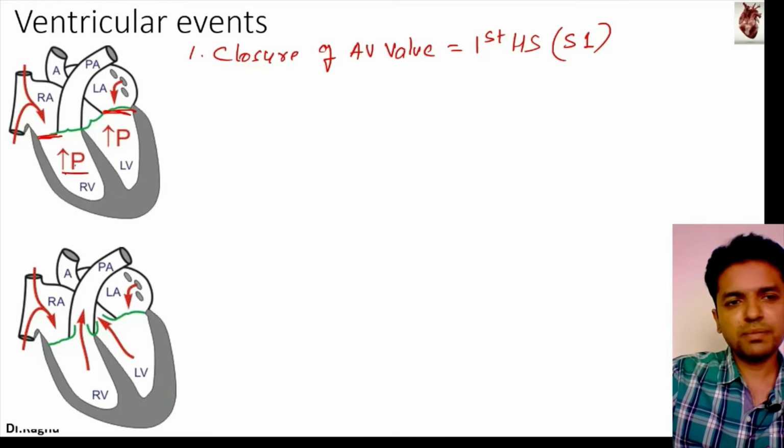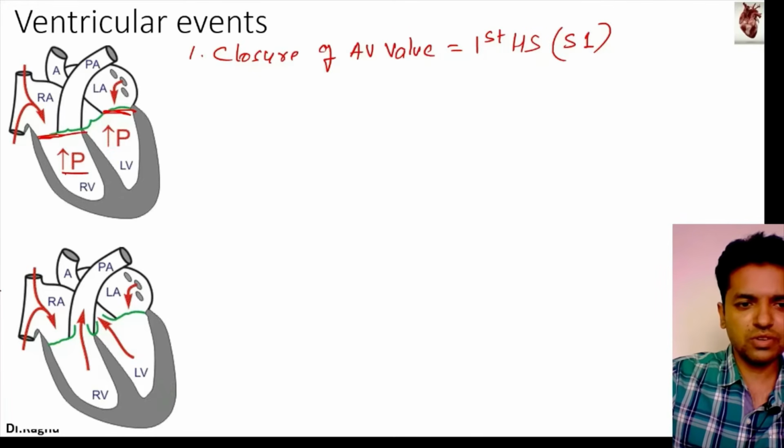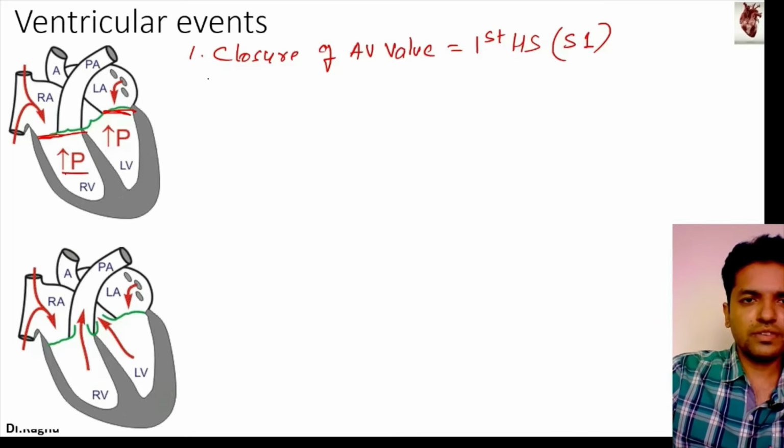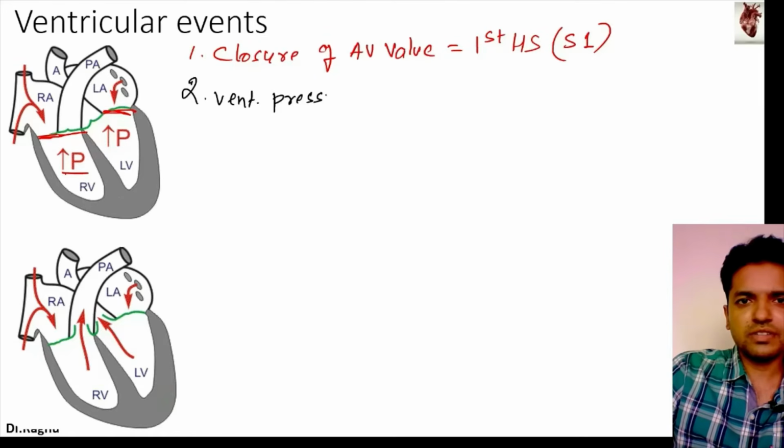So now what has happened? Now the ventricles are completely closed. Why? Because the atrioventricular valve is closed, as well as the semilunar valve. But the ventricle is continuing to contract. So what does that do? Ventricular pressure inside the ventricles is increasing.